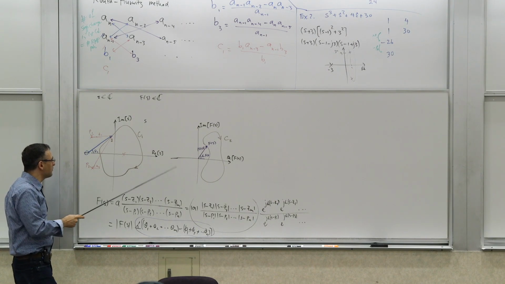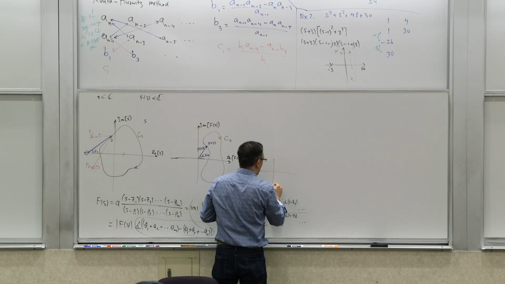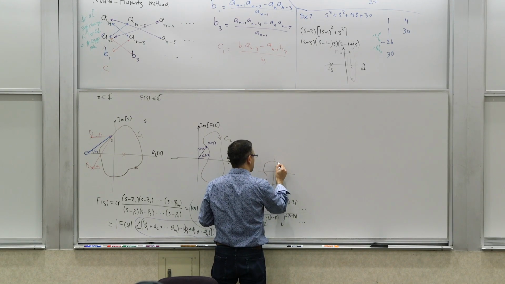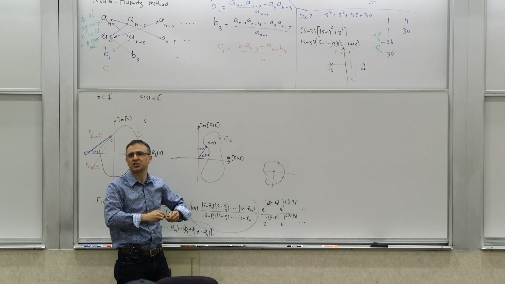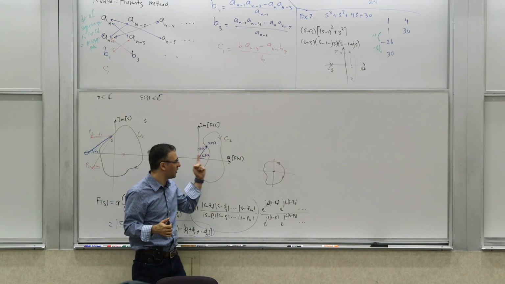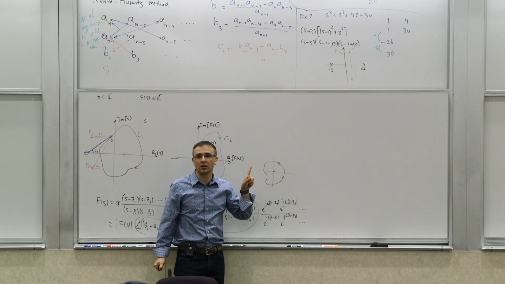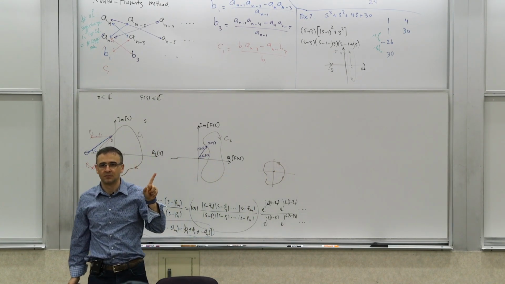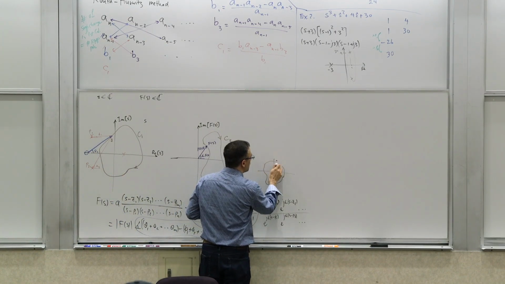So if I had a single pole, this would be something like this. I don't know what the exact shape of it is. All I know is that it will enclose the origin, and it will go counterclockwise. Net counterclockwise. It may in fact do this, right?